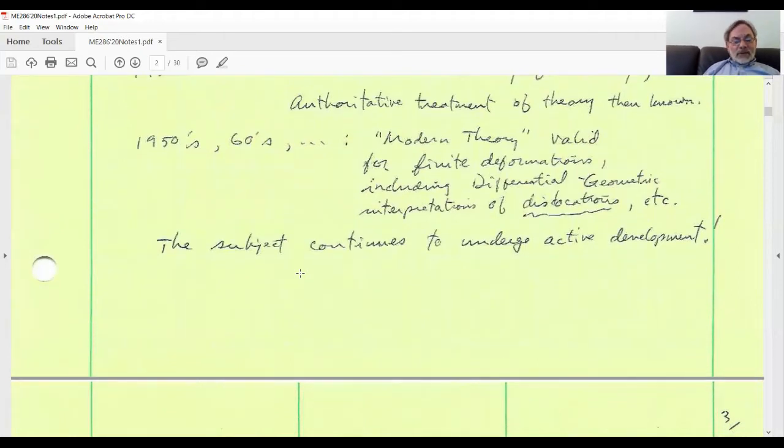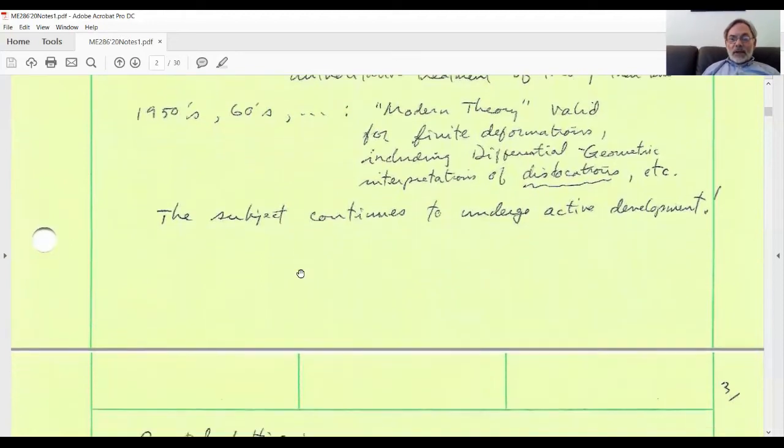The reason for this is that plasticity theory is quite a difficult subject in terms of quantitative analysis. That is to say, to devise a theory that's capable of making quantitative predictions about metal plasticity is a very challenging task, and this difficulty has given rise to a number of different schools of thought in the subject, as well as attendant controversies.